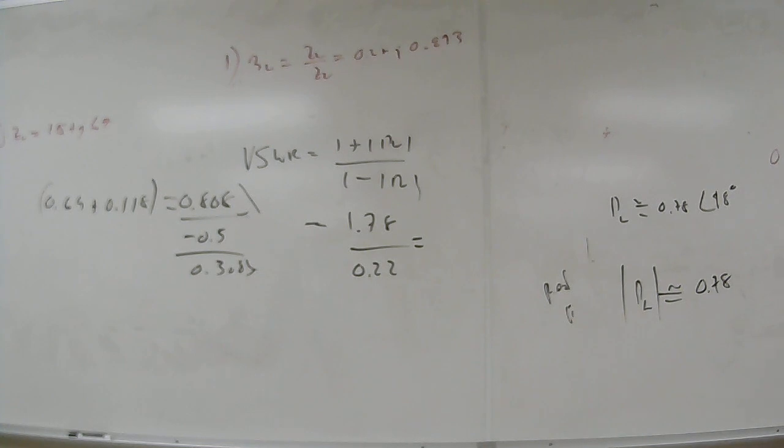I got 1 minus j3.4. Can anybody confirm or deny that? I got about 0.8 minus j2.4. This is always trouble, we don't have the proper tools.